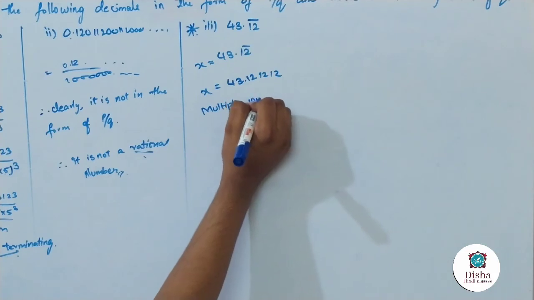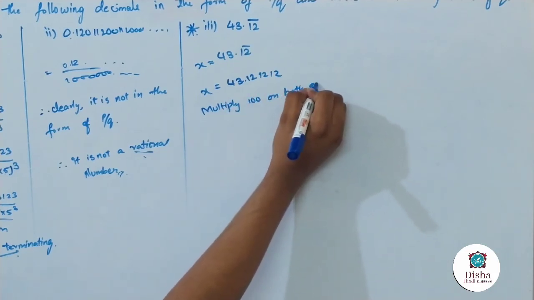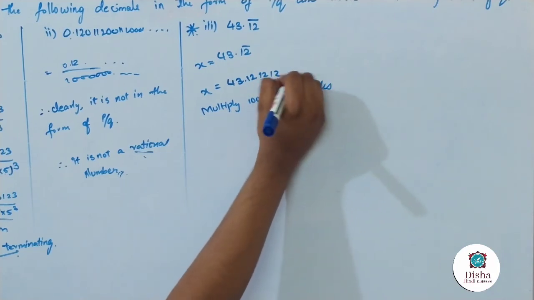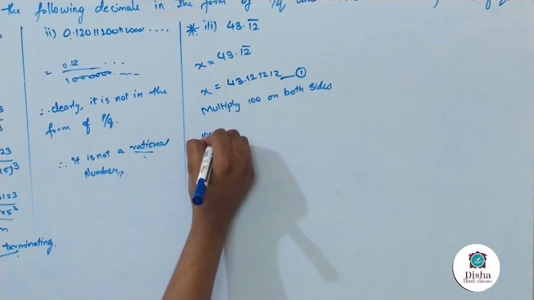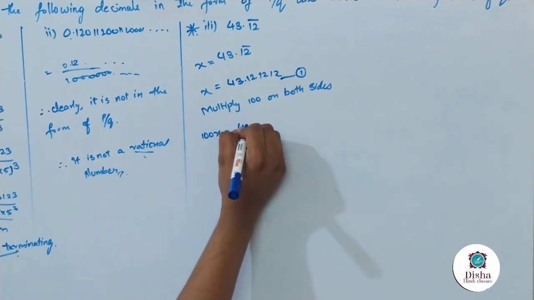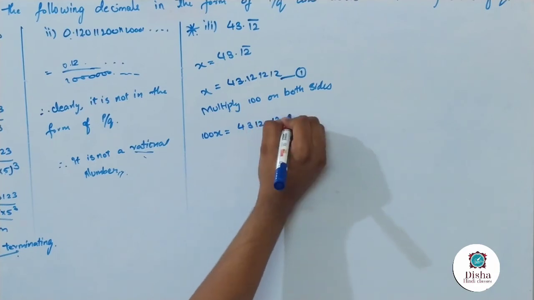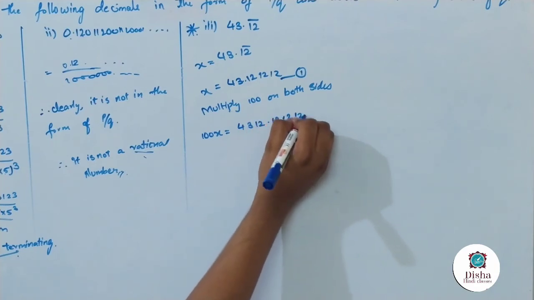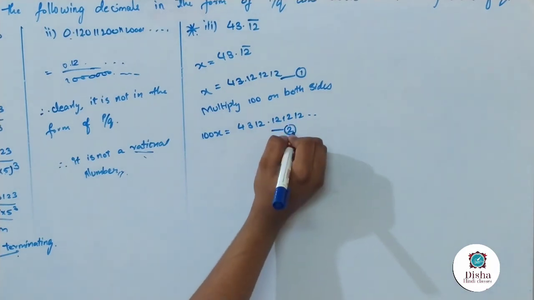We take this equation as 1 and we multiply on both sides, so we get 100x equals to 4312.1212 continuously. So now this we take it as equation number 2.